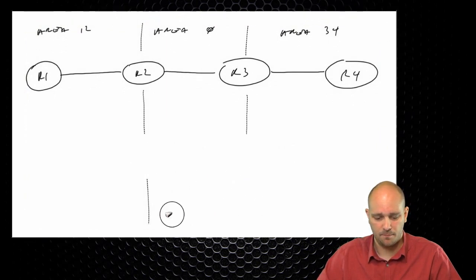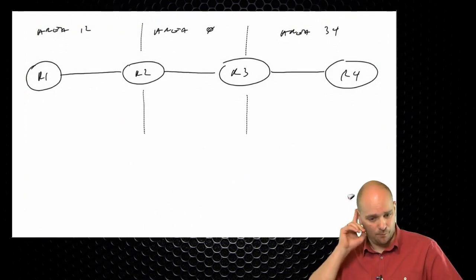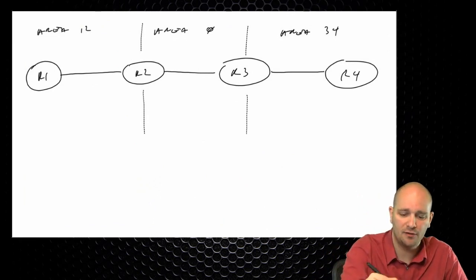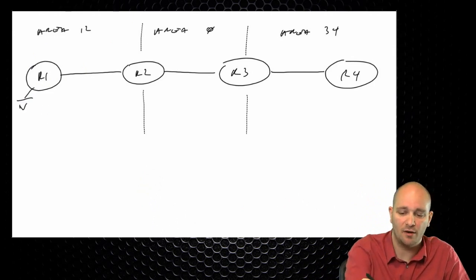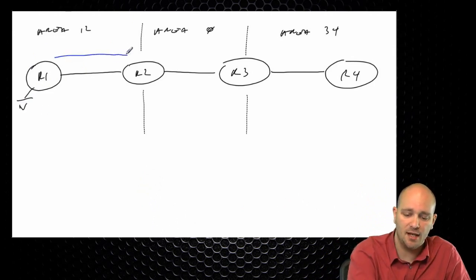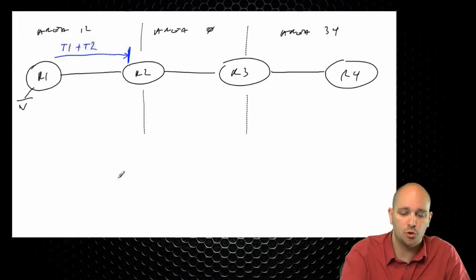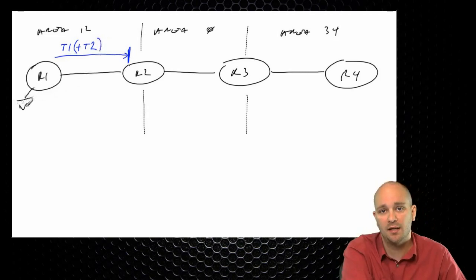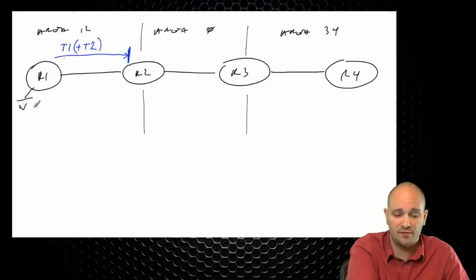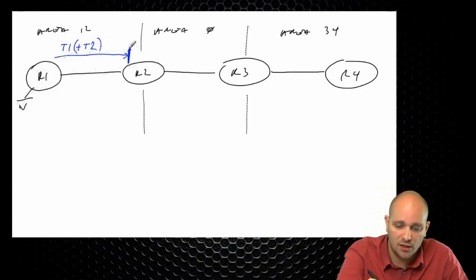Let's say that we have a network N that exists here. This network N lives in area 12. It will be advertised in area 12 as type 1 LSA and optionally type 2 LSA. So type 2 may or may not exist depending on what link type this was. If it was a point-to-point or stub, we won't have it. If it was broadcast or non-broadcast, we will have type 2. So this information ends here.